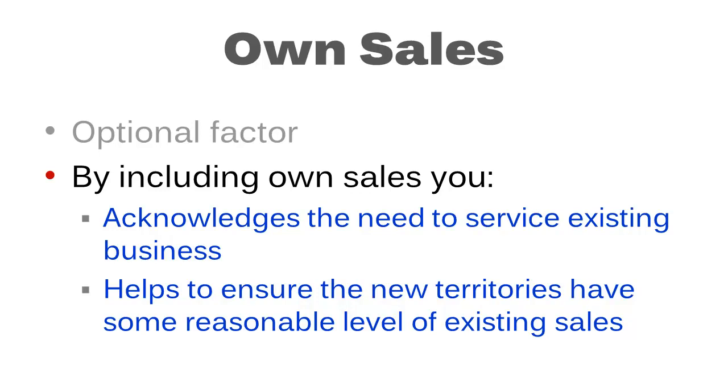And these new territories had really minuscule levels of sales, and obviously the rep that gets these territories really has a mountain to climb. They're told that, okay, the average territory has 2 million in sales, your territory has 150,000, so we're hoping you get to 2 million as quickly as possible. That's quite a message to give to a rep.